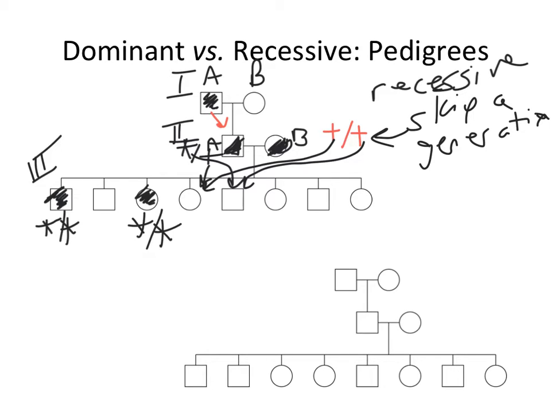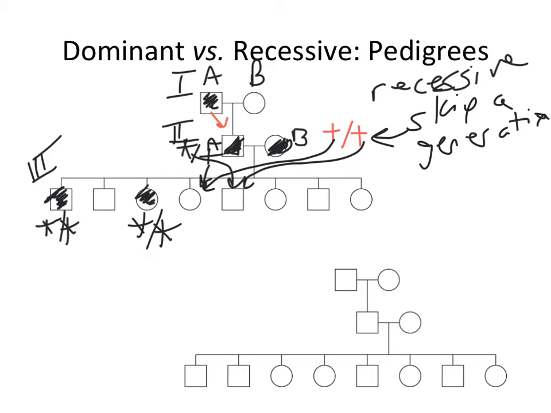And what's the probability that dad in generation 2 happens to fall in love with and marry mom in generation 2, and they both happen to be carriers? Are they pretty likely or pretty unlikely? It depends on the gene, depends on how frequent that mutation is in the population.